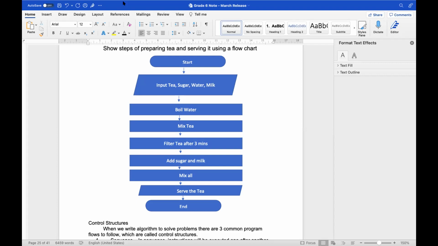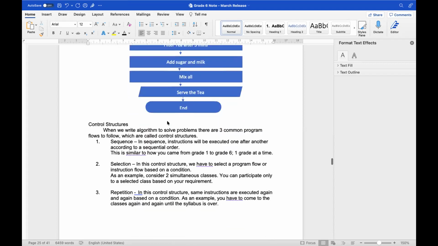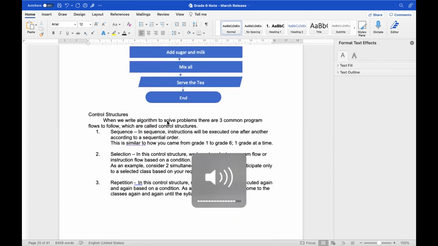Sequence, where the instructions are executed one after another. Selection is if else, when there is a decision. For example, how you came from grade 1 to grade 6: grade 1, then grade 2, then grade 3, likewise you came one after another. That is called sequence.